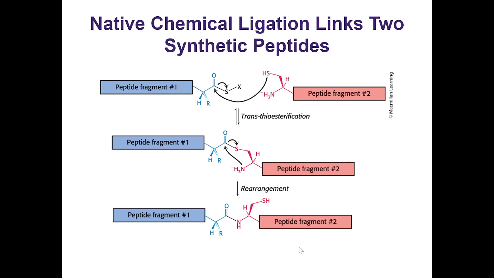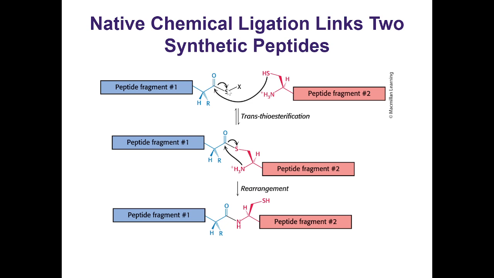Okay, so native chemical ligation is going to link two synthetic peptides. Here we have the trans-thioesterification. So here we have peptide fragment number 1, and a peptide fragment that has a thiol group attached to it. And then we have a peptide fragment that has a sulfur attached to that carbonyl.